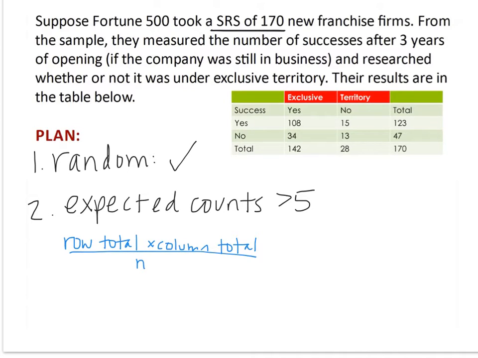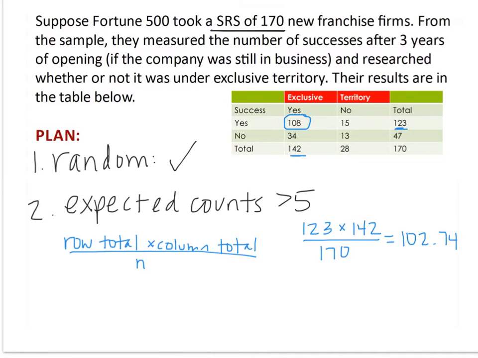So if I think about this, for my first box, the yes and the yes box, if I do the row total, that would be 123 times the column total of 142 divided by the total of 170, and that gives me 102.74.